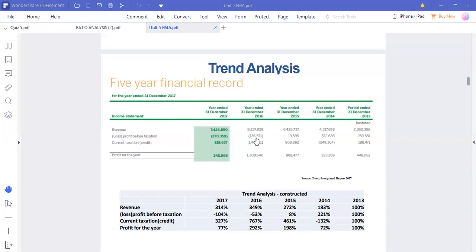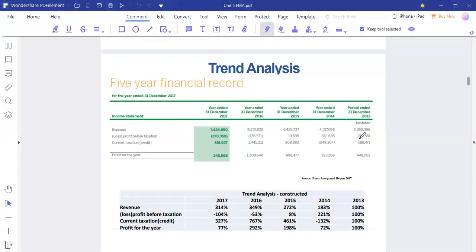Here we have negative 136 over 259 times 100, we get negative 53. Here we have negative 270 over 259, we get negative 104. So in short, the base year that we are actually considering is the youngest year.